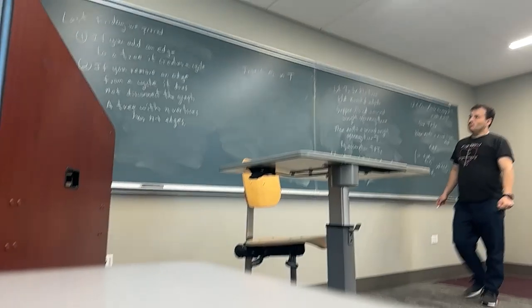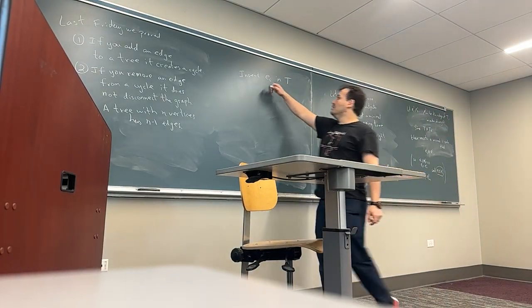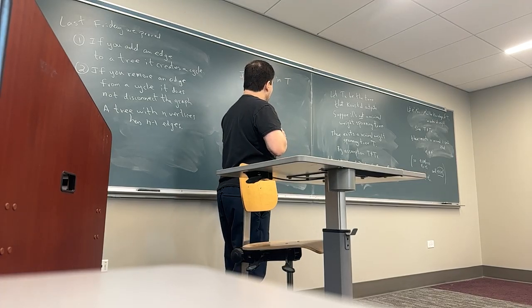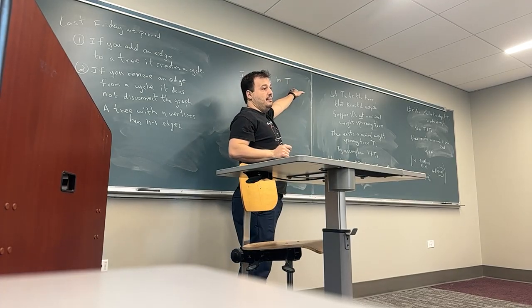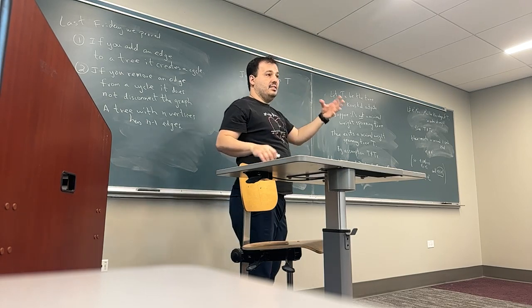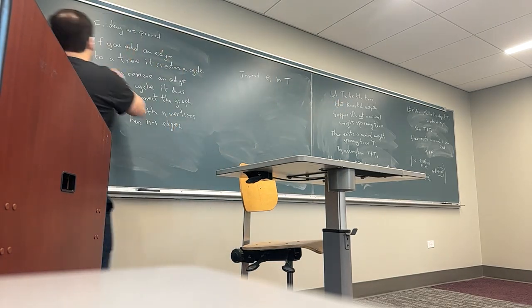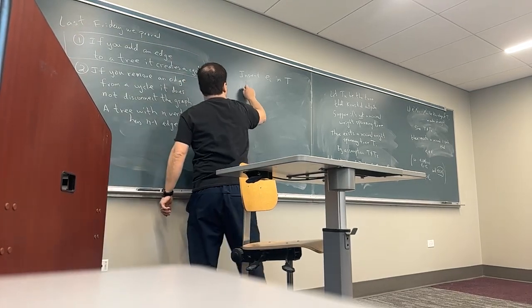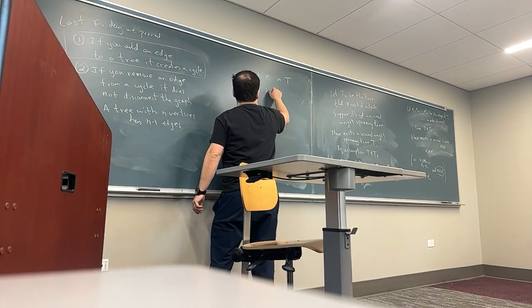They're not the same. So what we're going to do is grab Ei and insert it in T. Once you insert Ei in T, now T has a cycle because of this.